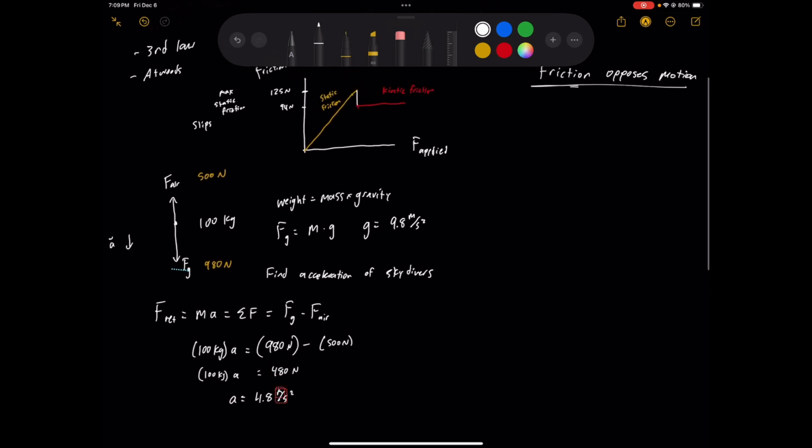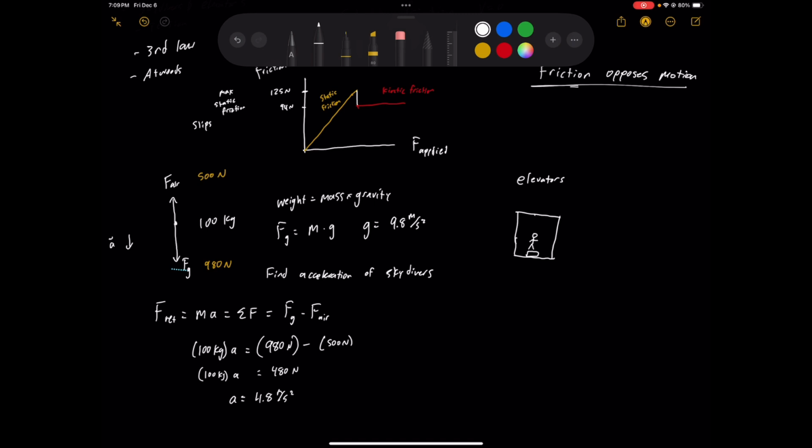Let's do another one with elevators. Something that's important to know is that basically all these problems have to deal with standing on a scale. Say we're on an elevator and there's a little scale here, and we have a person just standing on the scale in the elevator.